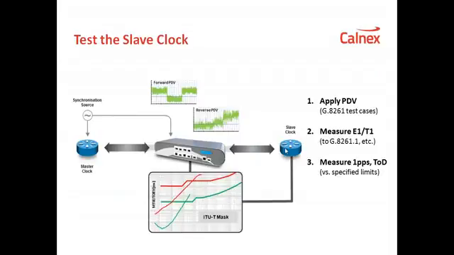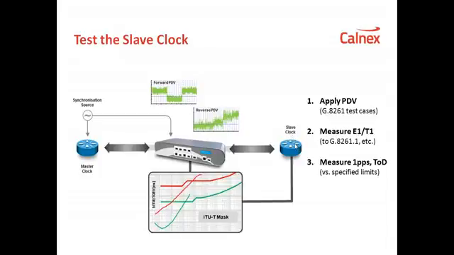Well, in the lab, the slave clock is tested by using a product like the Calnex Paragon X to apply the stress of packet delay variation. There are test cases specified under the G.8261 recommendation, which can be applied by the Paragon X product onto the slave, which then has to recover the clock under the presence and stress of the packet delay variation.